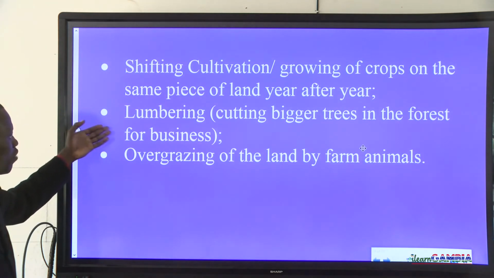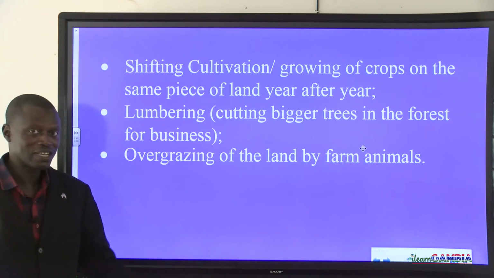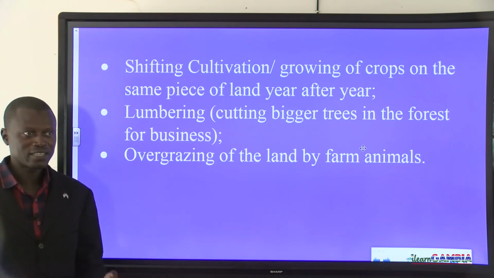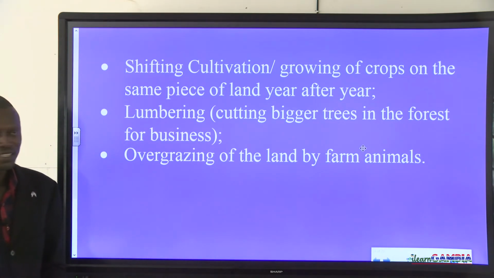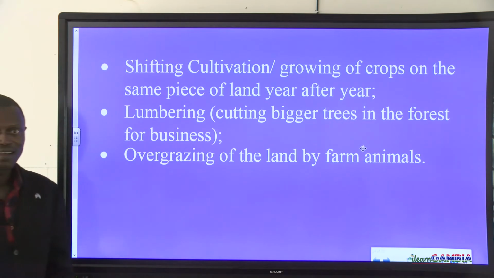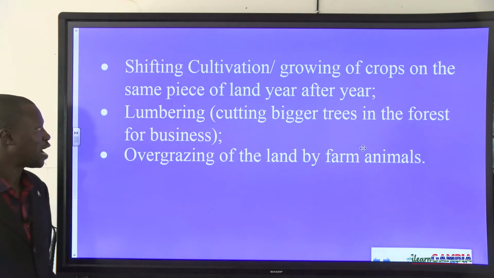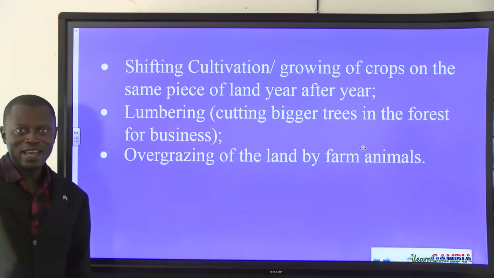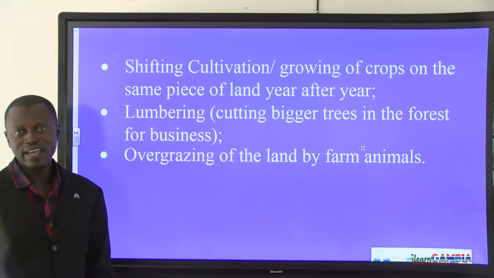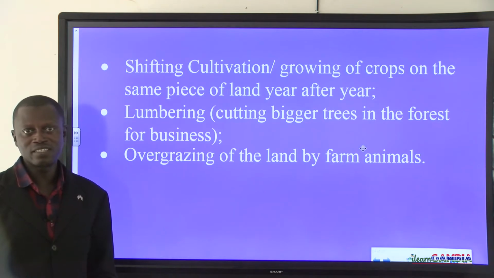The next thing is lumbering, which is also happening, especially in a classical forest area. Yes, for example, in Kenya, it is happening there. This lumbering activity is going on in Nigeria, in Guinea, even our closest neighbor in Senegal, the region located in the southern part of Senegal, which is the Casamance.